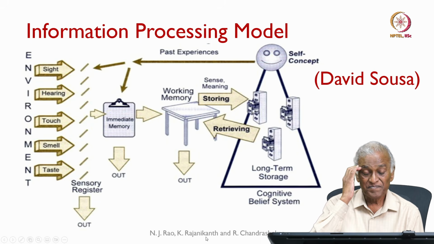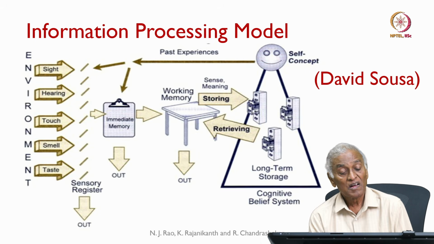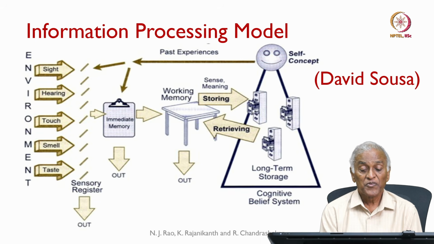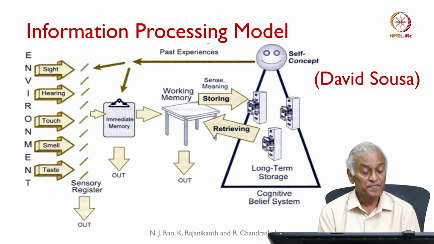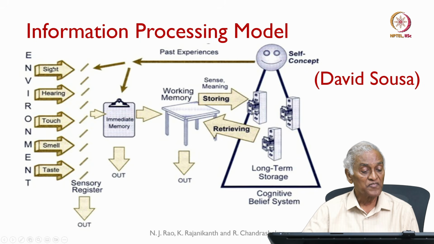Then here, this is the information processing model of the brain. From the environment, through all the five senses, you get information continuously. It comes in, and first of all there is a sensory register.